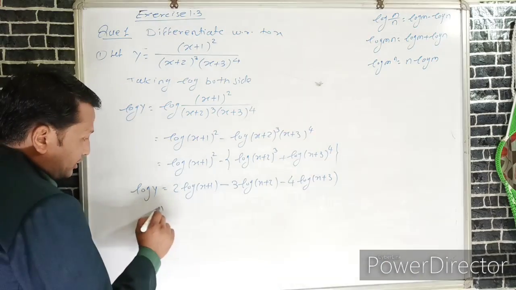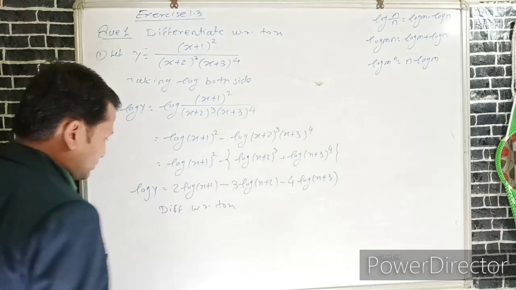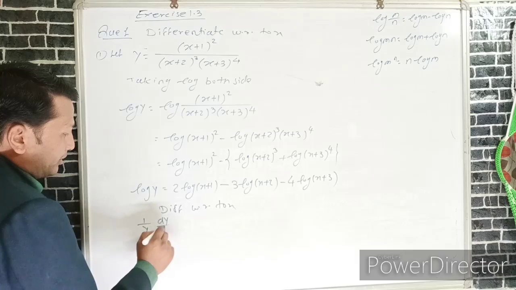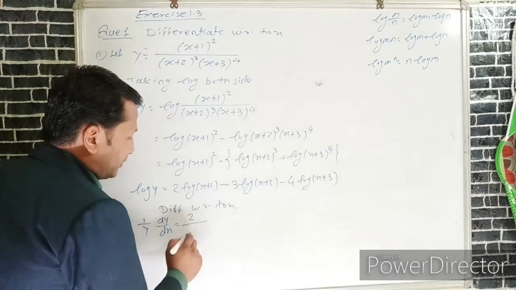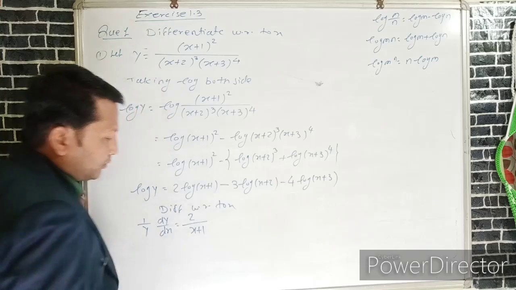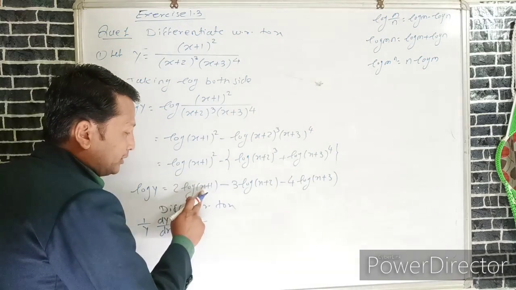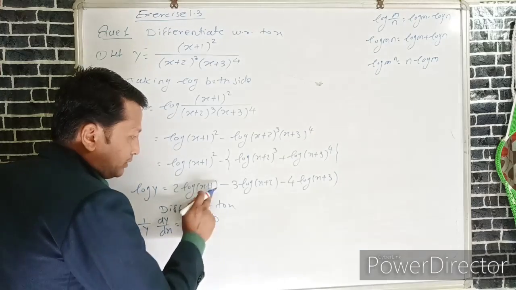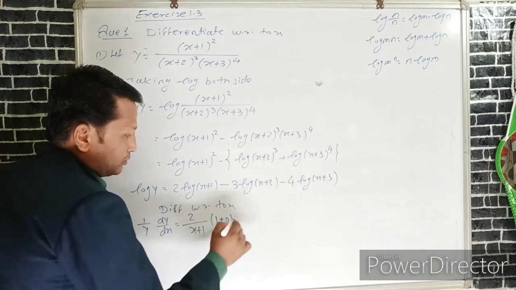Now if we differentiate the given function with respect to x, we can find dy by dx. The derivative of log y is 1 by y into dy upon dx. 2 is a constant and the derivative of log of (x plus 1) is 1 upon (x plus 1). Again we take the derivative of x plus 1. Sorry, the derivative of x is 1 and the derivative of 1 is 0.